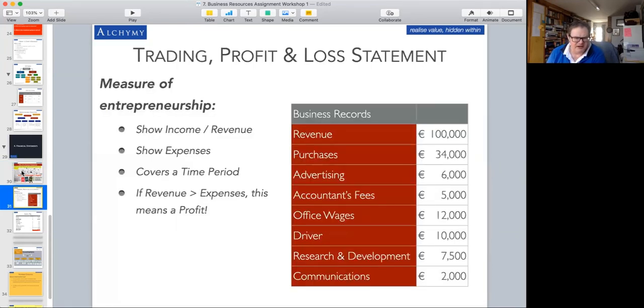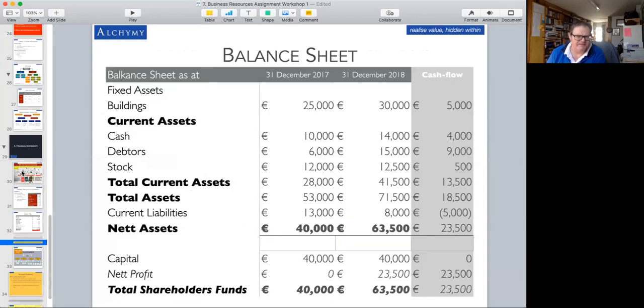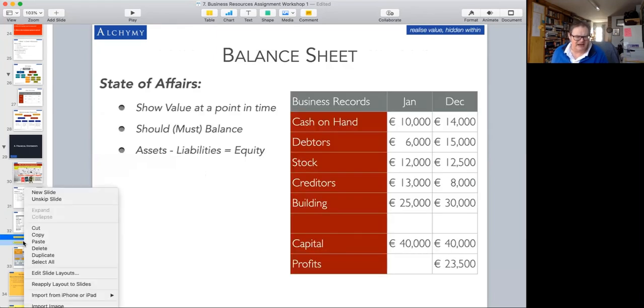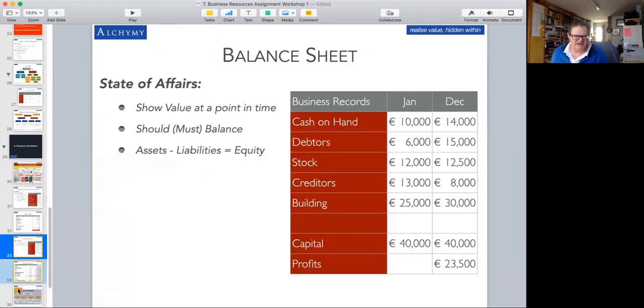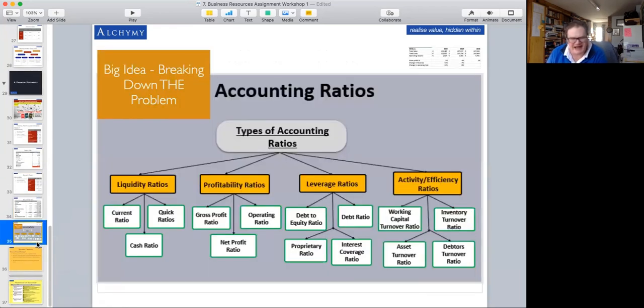Okay. So we talked about trading profit and loss accounts. We had a couple of simple examples. The other thing that these accounts can do is they allow us to consider how the business is doing, in which case they allow us to look at a lot of different measures. So there's a thing called ratio analysis. Now, we won't be doing this until level 4. This table shows you a bunch of the normal ratios, liquidity ratios, profitability ratios, and so on.